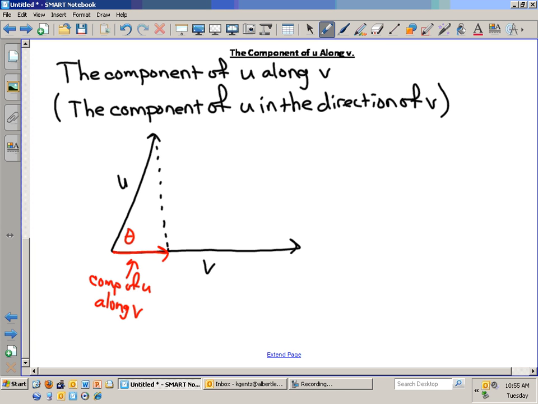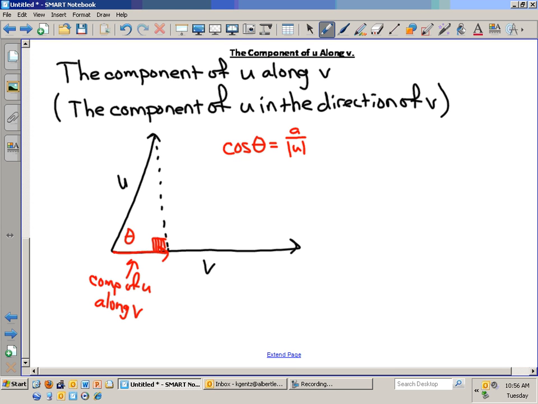Okay, we got a nice little 90-degree triangle, like that. Cosine of theta. Oh, very good. My good friend Nathan sees that the cosine of theta in this situation is equal to the component of u along v, we'll call that a, divided by the length of u, which is the magnitude of u.